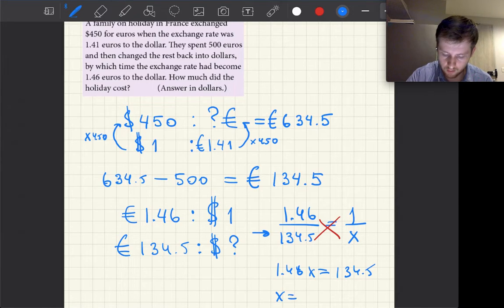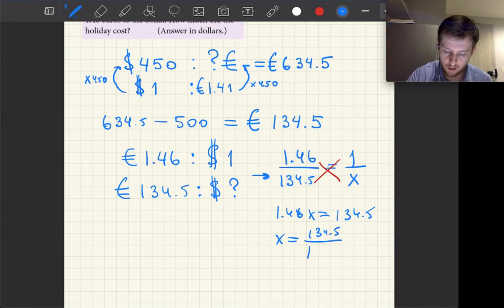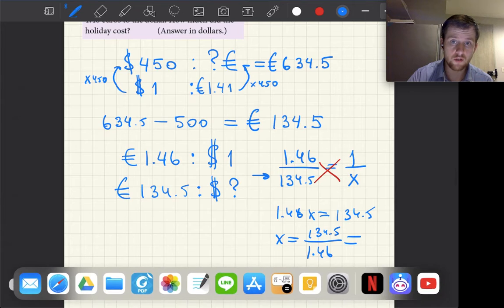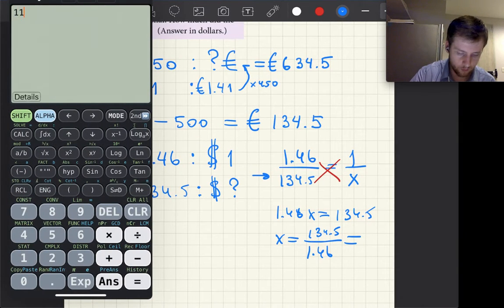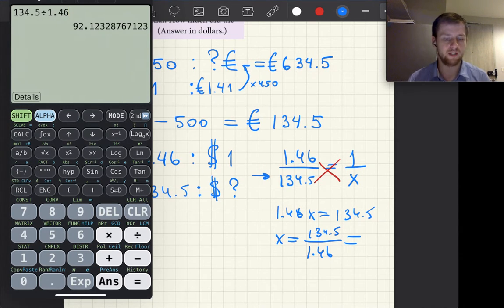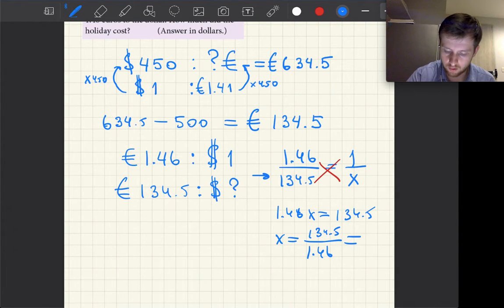It means that x equals 134.5 divided by 1.46. I think two decimal places is enough. So $92.12. This is how much they got in the end.